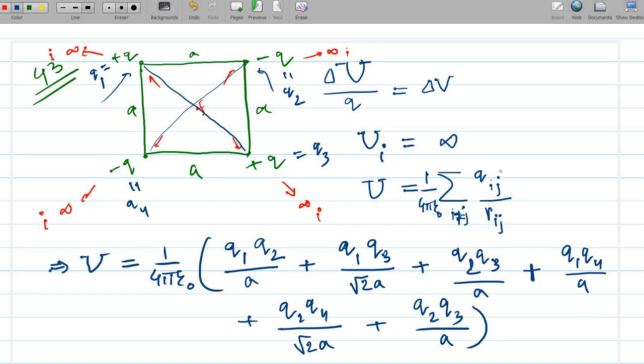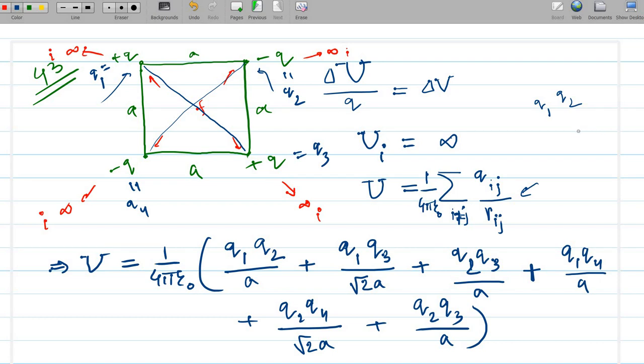But if you look at this statement, if i is not equal to j, then i has 4 possibilities, and for each possibility j has 3 other possibilities, because if I take Q1, I have to take all the other charges except Q1. But once you have taken the combination Q1, Q2, you don't take it again when you are considering Q2.